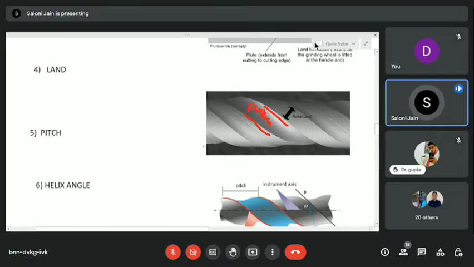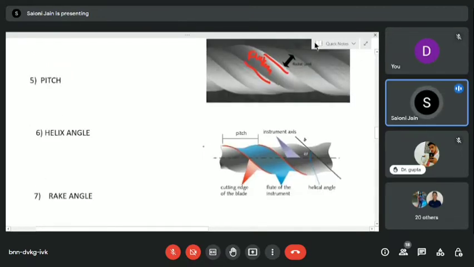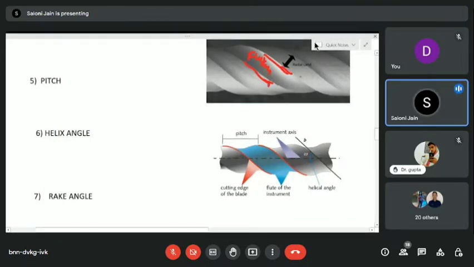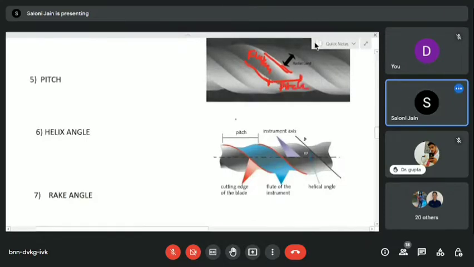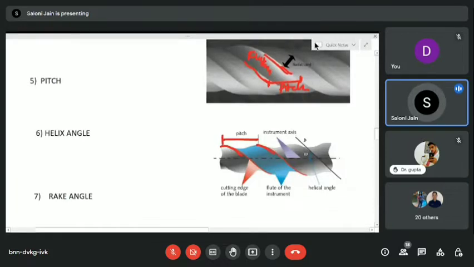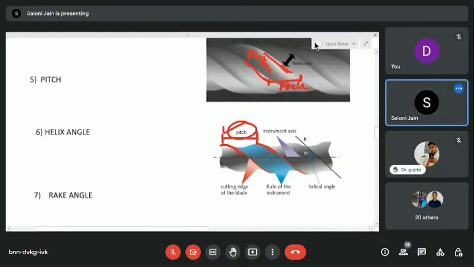Then you have pitch. Pitch is basically the distance from one cutting edge to the next. If this is a cutting edge and this is the next cutting edge, the distance between the two cutting edges is the pitch.